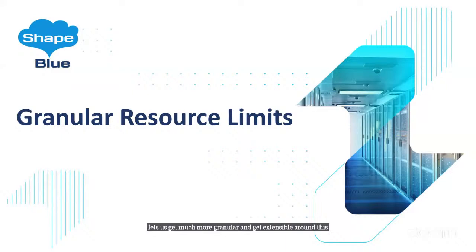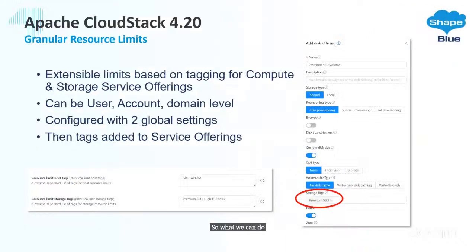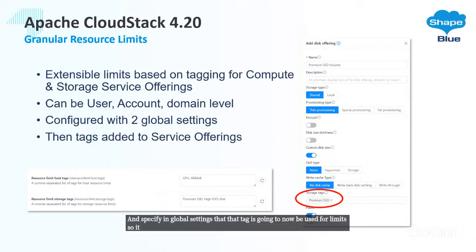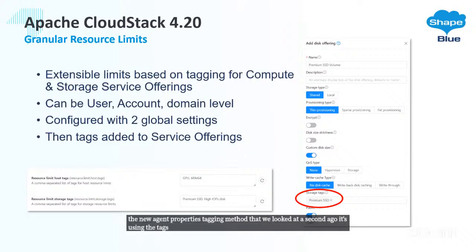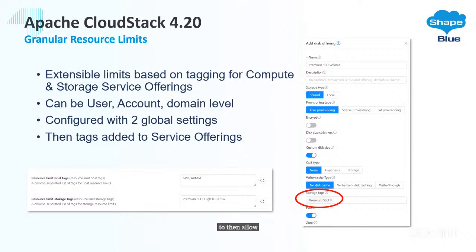So what we can do is specify a tag, and specify in global settings that that tag is going to now be used for limits. So it's using the same tagging architecture, and you could even use the new agent properties tagging method that we looked at a second ago. It's using the tags to then allow those to be used to apply limits.